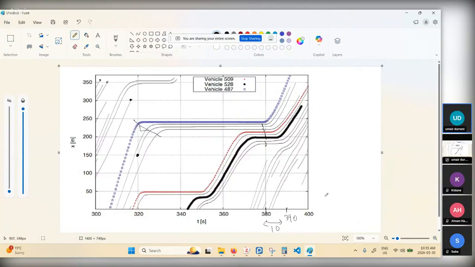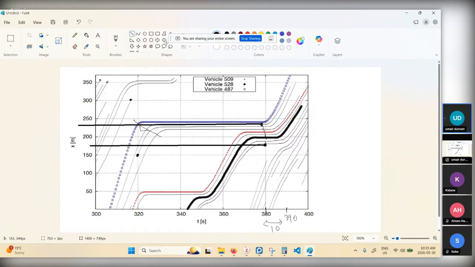And the distance from this point to this point is that 60. So if I draw a line here, that's 240, and then this one is 180. So that would be, yeah, 60 meters.